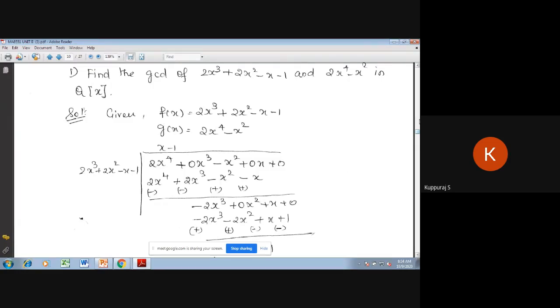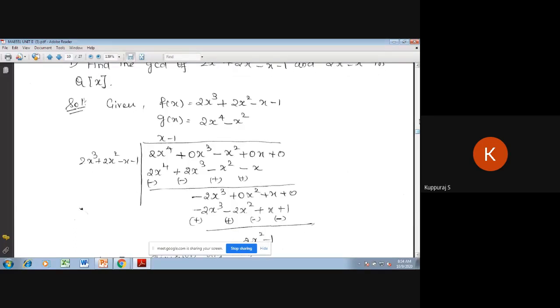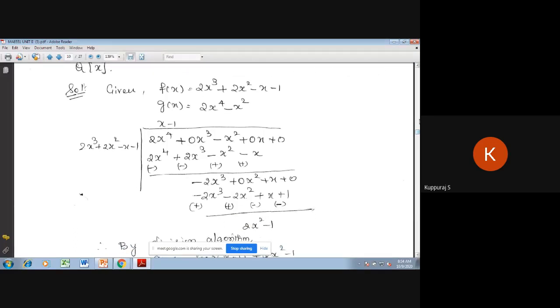So 2x power 4 minus x square can be written in descending powers of x as 2x power 4 plus 0 into x cube minus x square plus 0 into x plus 0. It is divided by 2x cube plus 2x square minus x minus 1, and you get the quotient x minus 1 and the remainder 2x square minus 1.